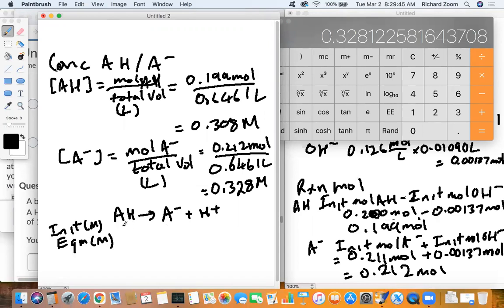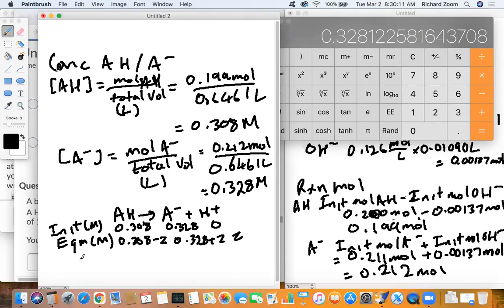And we have figures for this. We have 0.308, we have 0.328, and at the beginning of the equilibrium we have no H plus in solution. But then after a time, it'll be 0.308 minus Z, 0.328 plus Z, and Z.